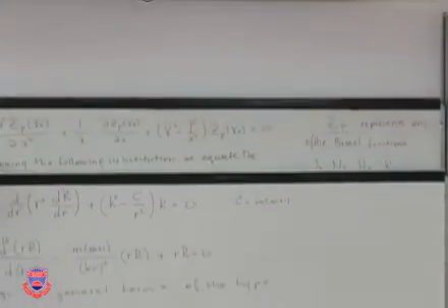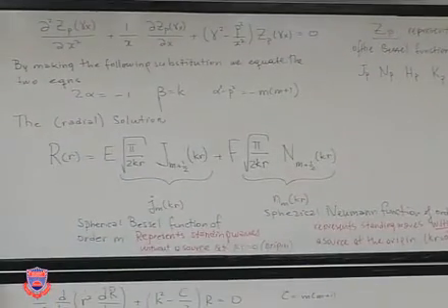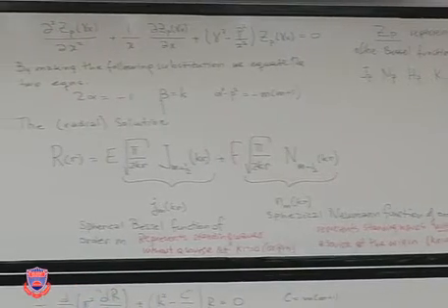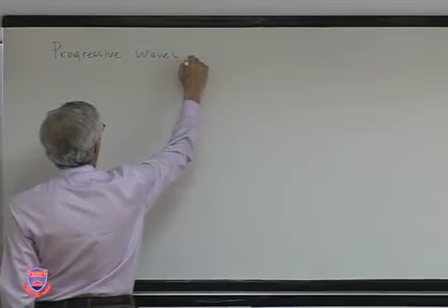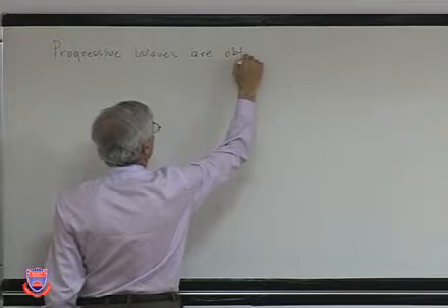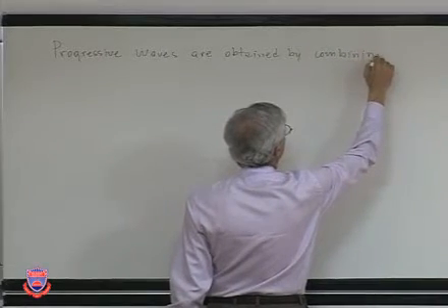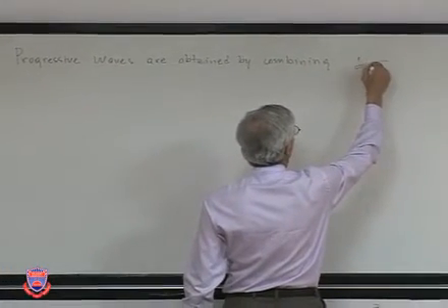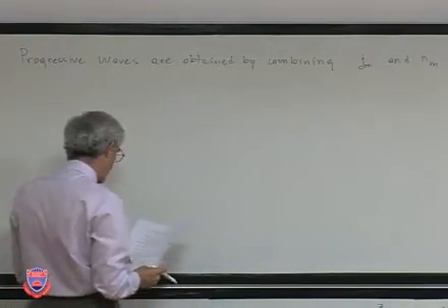Let me quickly write it here. Progressive waves are obtained by combining Bessel functions and Neumann functions.